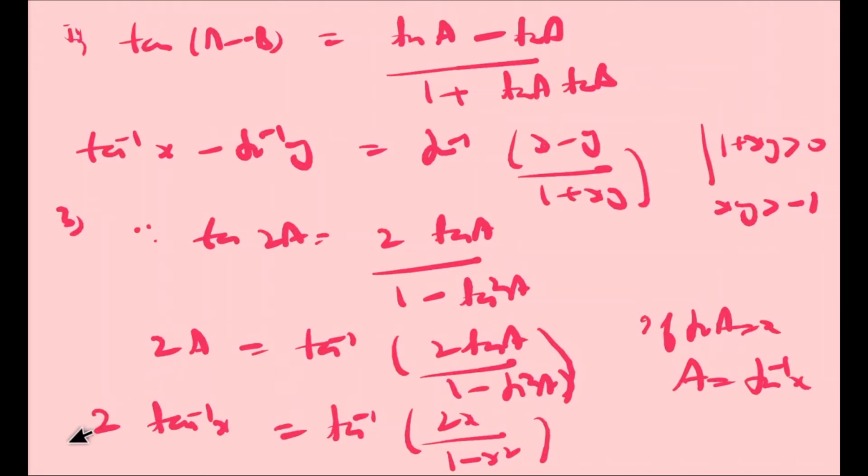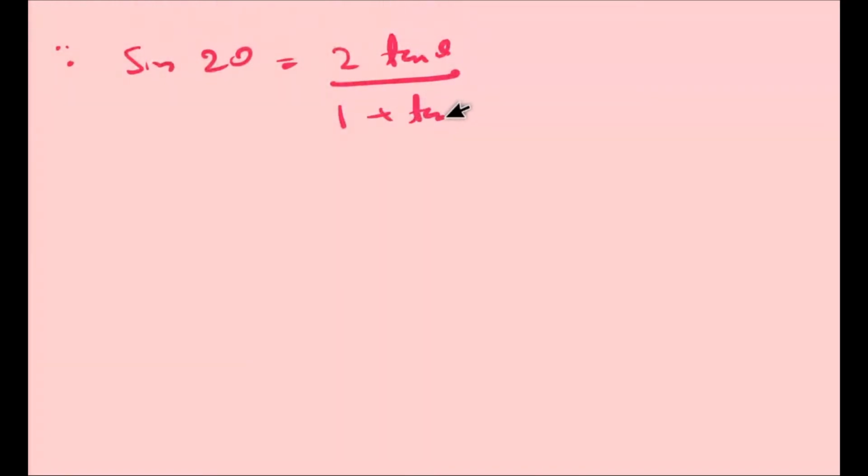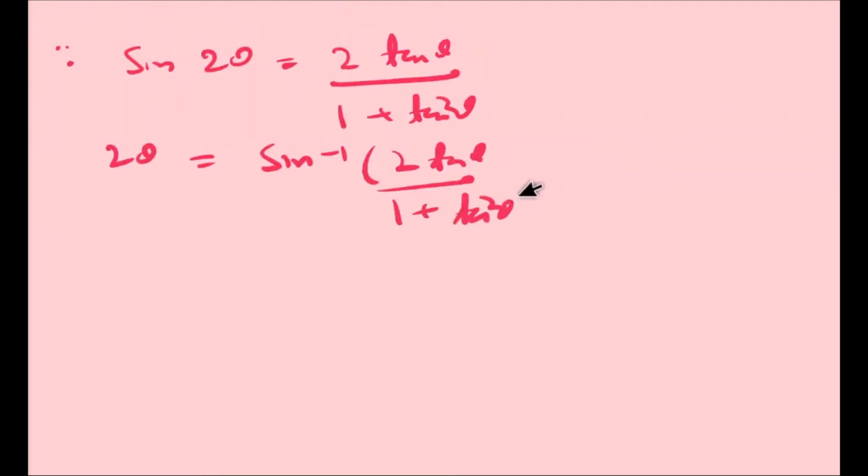Now this is your basic formula. Since we know another formula, sin 2θ equals 2 tan θ upon 1 plus tan² θ, using this formula we can find 2θ equals sin⁻¹(2 tan θ/(1 + tan² θ)).